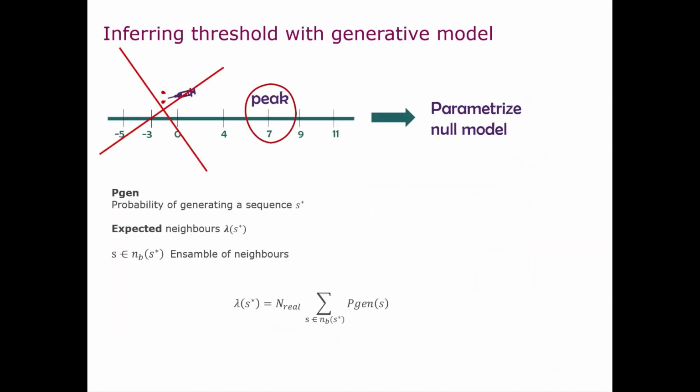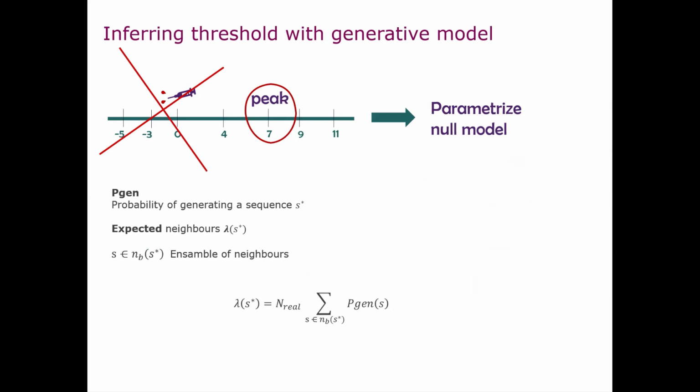The null model that we used is a generative model that was produced by former people in our group. What it does is compute the probability of occurrence of any given sequence. And having this probability, it is straightforward to compute the expected number of neighbors of any given sequence.